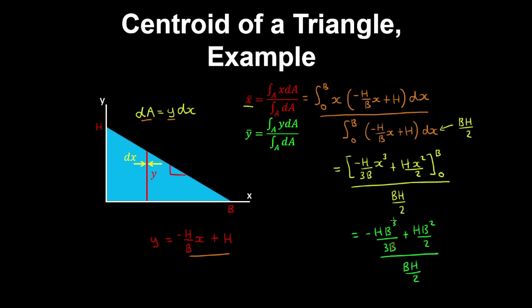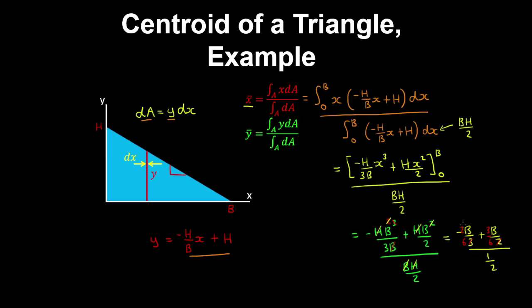So one of these b's will cancel, and another b will cancel with this one, and h will cancel with this one. So what we get is minus b on 3 plus b on 2 over a half. So 1/3 is the same as 2/6, and 1/2 is 3/6.